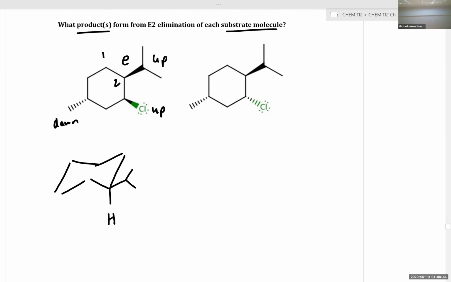It's like a t-butyl group. It's a bike lock for conformations. The chlorine is up, so it'll be axial. And the methyl is down, so in this case, the methyl will be equatorial. Okay.